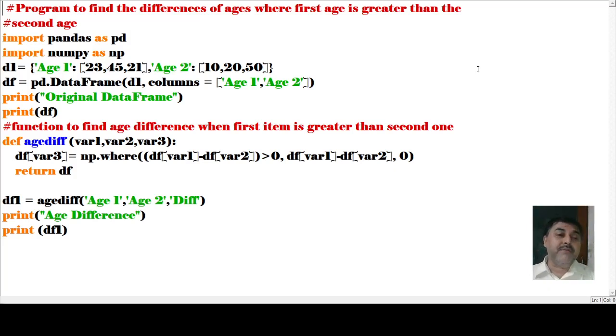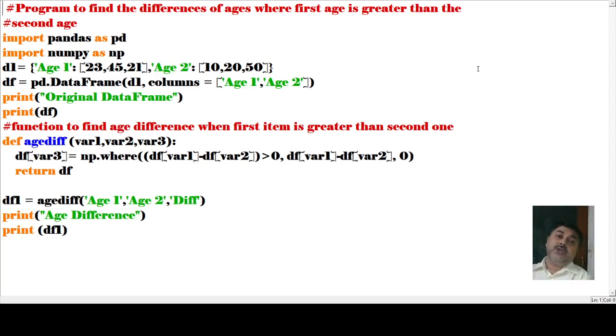What we have done here is import pandas as pd. First I have called pandas as pd. Then I have called numpy as np. When we have called numpy as np, we have those structures and we are working on this particular pattern.